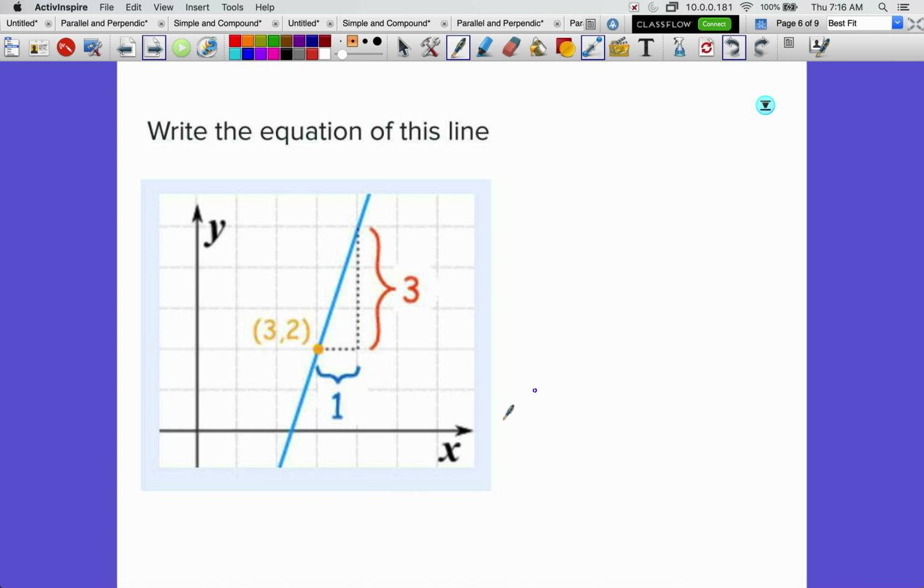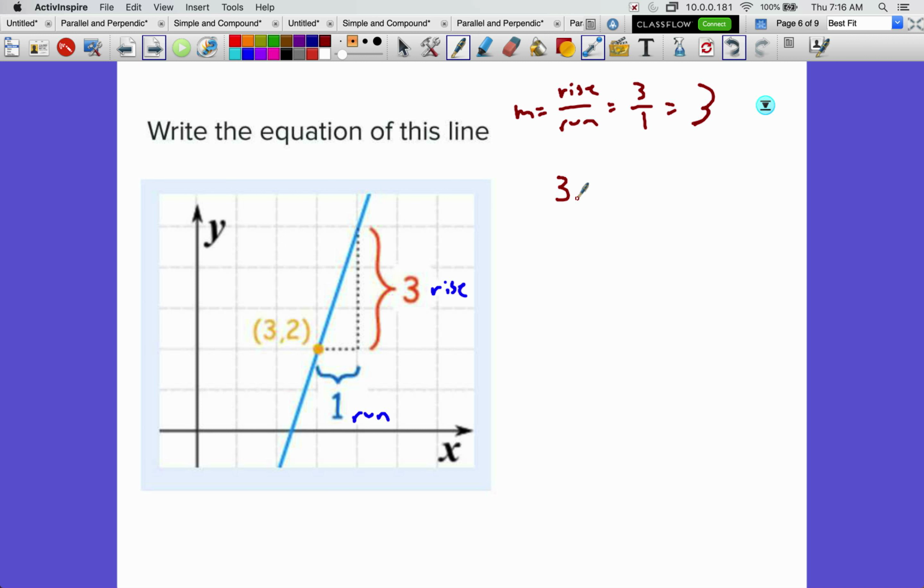All right, now what if we're given a picture of a graph? Can we write the equation of this line? We can see it goes through 3 comma 2 and it has a rise of 3 and a run of 1. Is that enough information? Well, yeah, because we can turn the rise and the run into a slope. So m equals rise over run, which equals 3 over 1 in this picture, which can be simplified to just a 3.